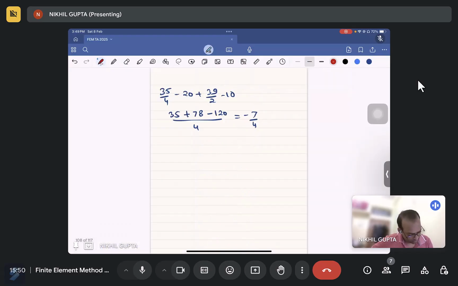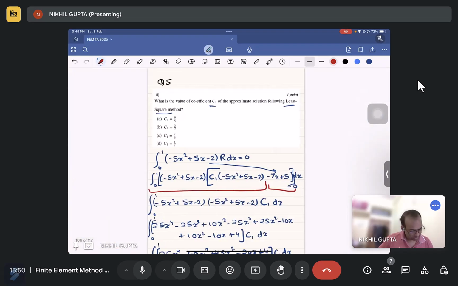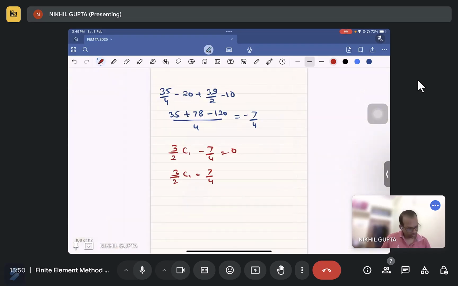It will come out as 3 by 2 C1 minus 7 by 4 equals 0. I hope you are getting what it is. So 3 by 2 C1 equals 7 by 4. So C1 is 7 by 6.